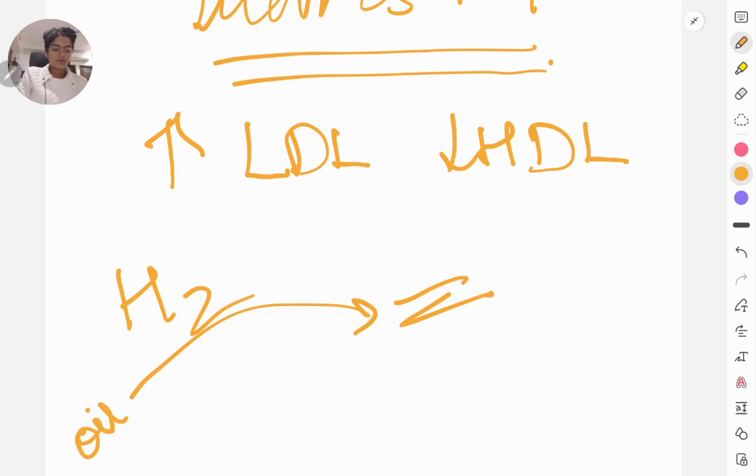So it should not be taken in the diet at all, and WHO recommends eliminating it completely. As it's decreasing the HDL and increasing LDL, it is promoting heart diseases. Now cholesterol in the nutrition is coming from animal sources.